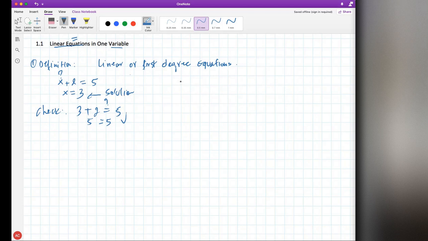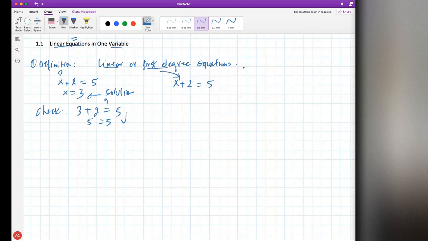And the reason why we call it linear or first degree is because of the power of the variable or the unknown, the power of the x. It's because of power 1. If the power is different, the power could be 2, could be 3, could be 4, it would be a different type of equation.